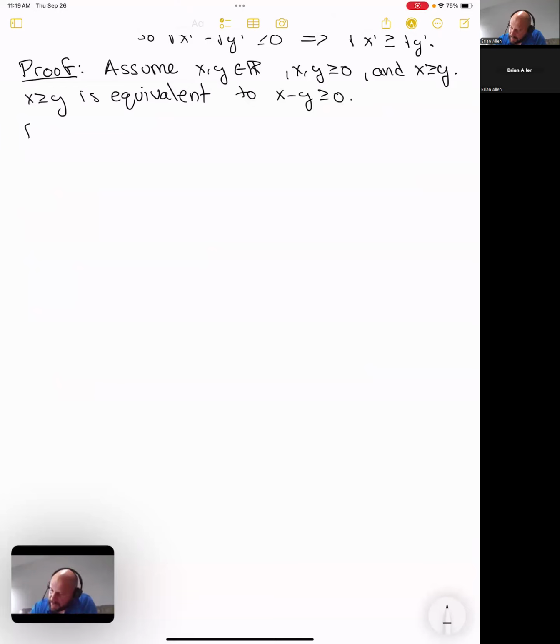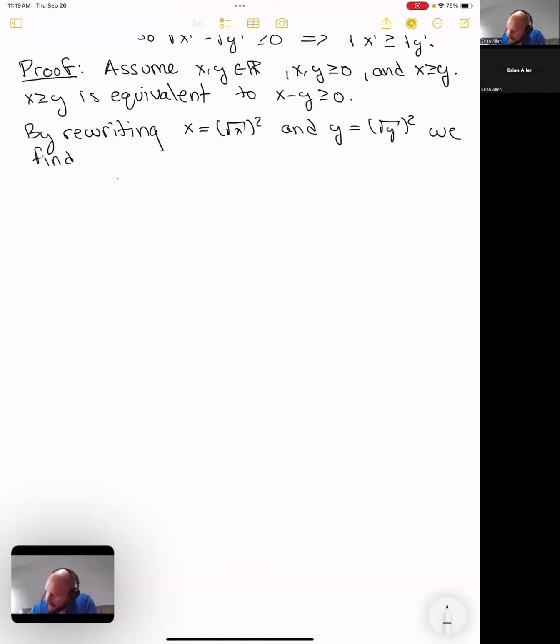Now, by rewriting x as square root of x squared and y as the square root of y squared, we find that the square root of x squared minus square root of y squared is bigger than 0.